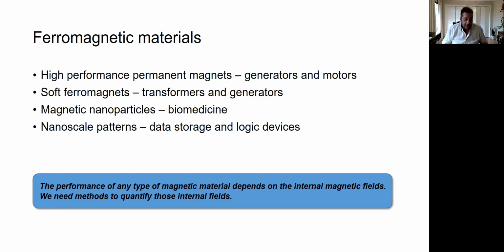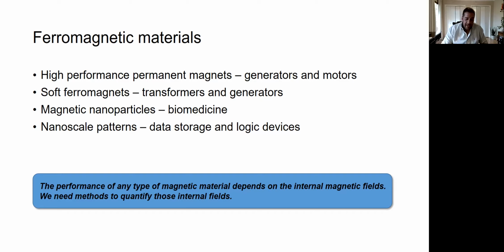So our job as physicists is to develop methods to quantify those fields, to measure them, and then to be able to connect, okay, what are these atoms, how are they built in here, how does that material behave? That's the general question in material science, what we call structure-property relation, right? All right, any questions so far? No? All right, let's move on.